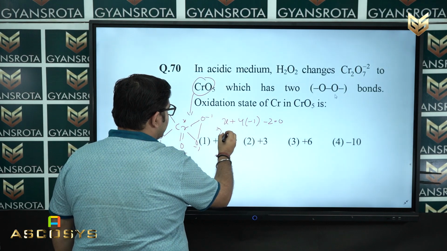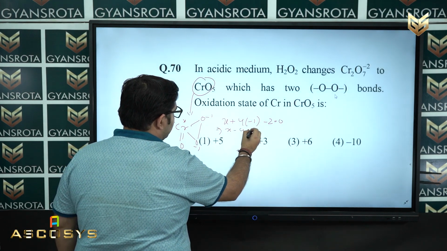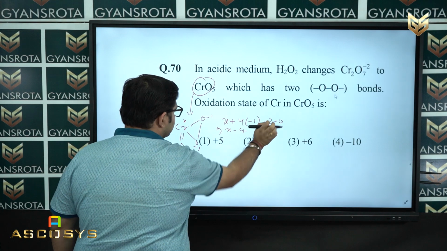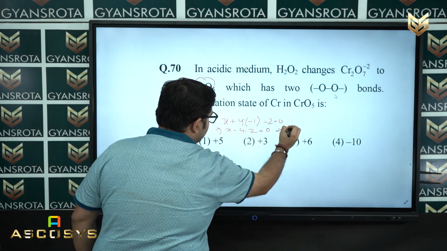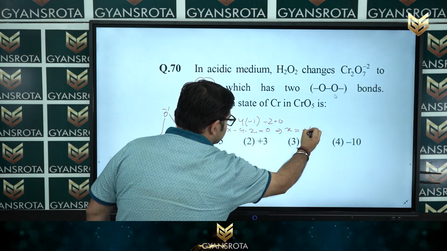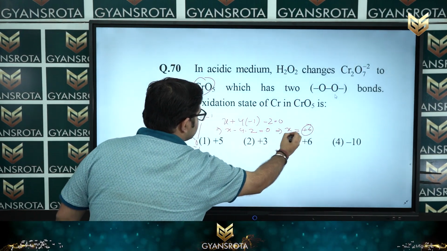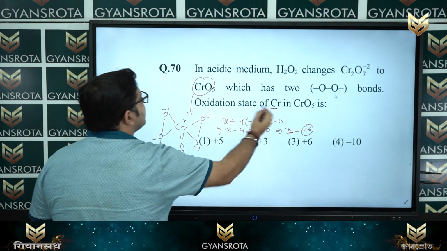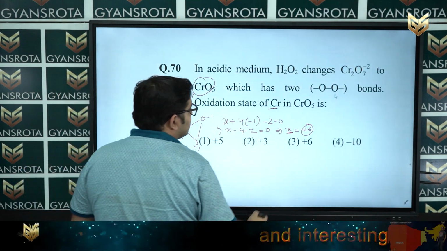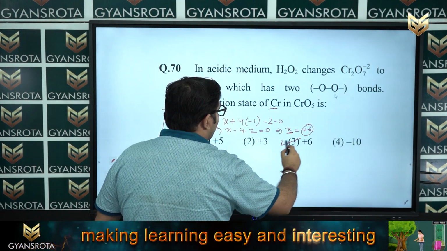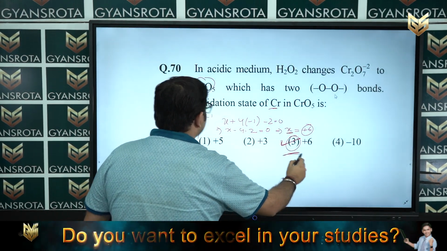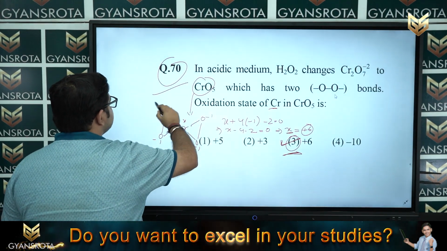Now just do the calculation, x - 4 - 2 is equal to 0. So x equals +6. So the oxidation state of chromium in chromium 6 peroxide is +6. That is option number 3, the correct answer of your question number 70.